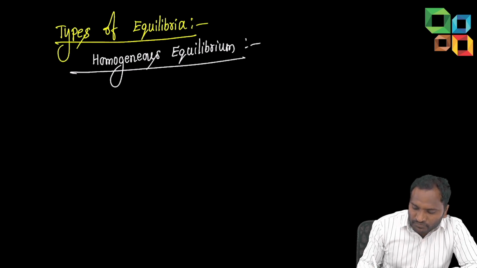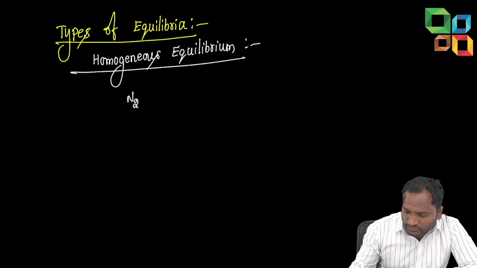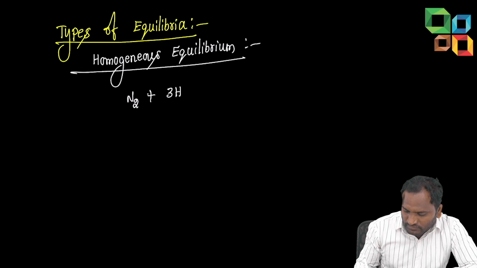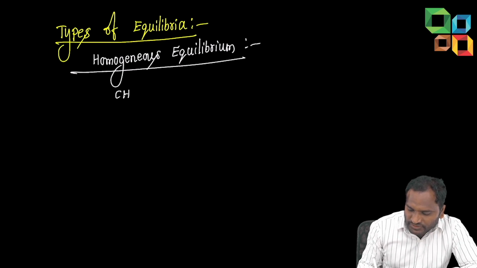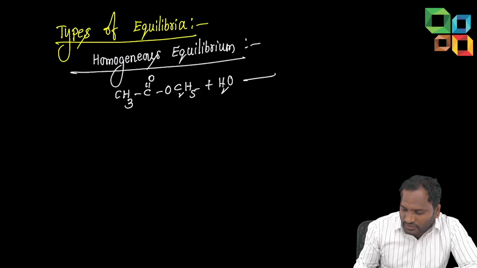Example, N2 gas. Reactants and products we'll see. Otherwise, I'll take one more example: hydrolysis of ester, C2H5, in the presence of H plus.